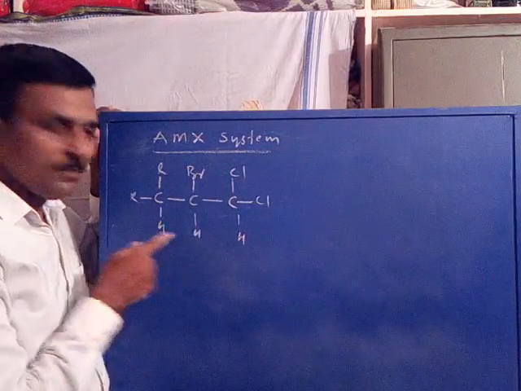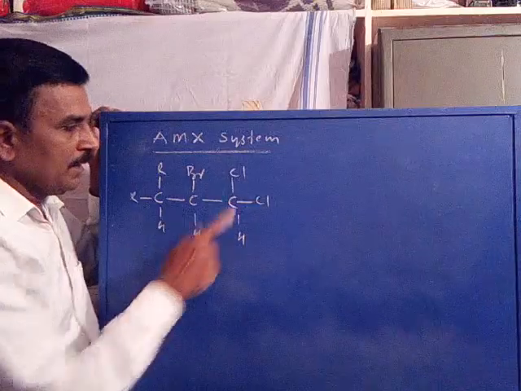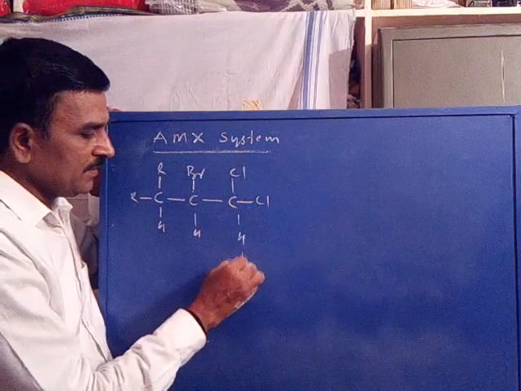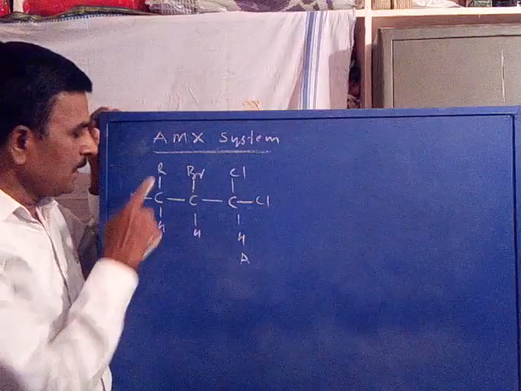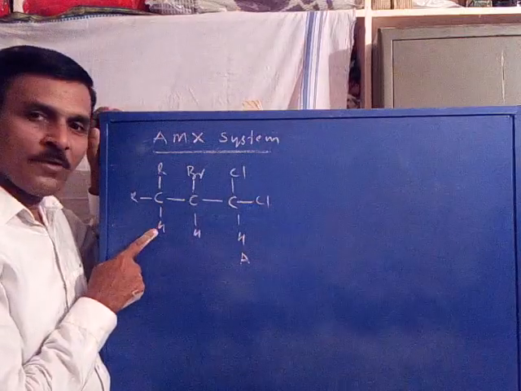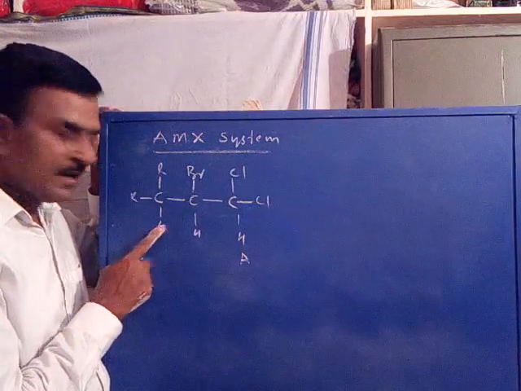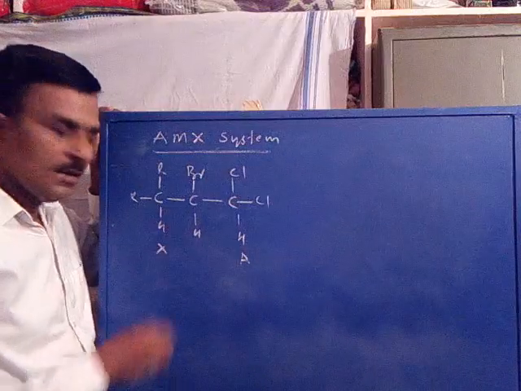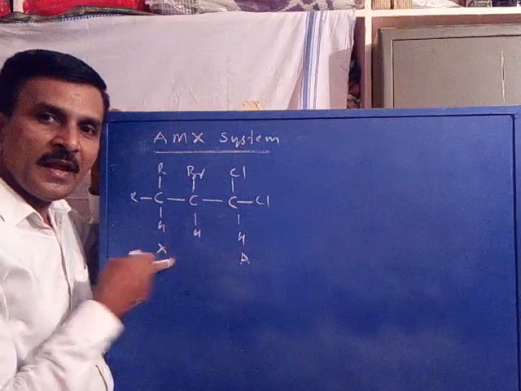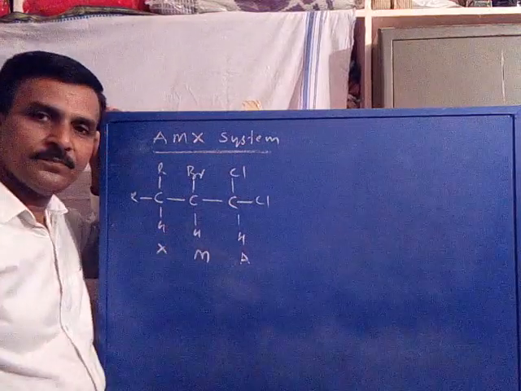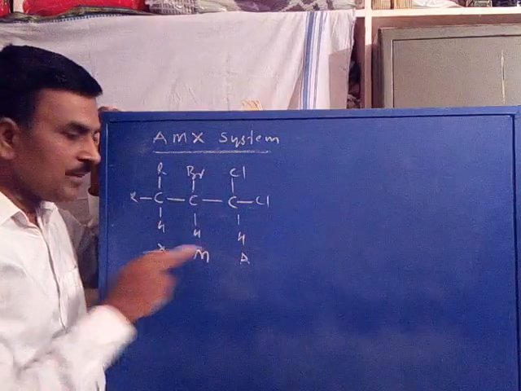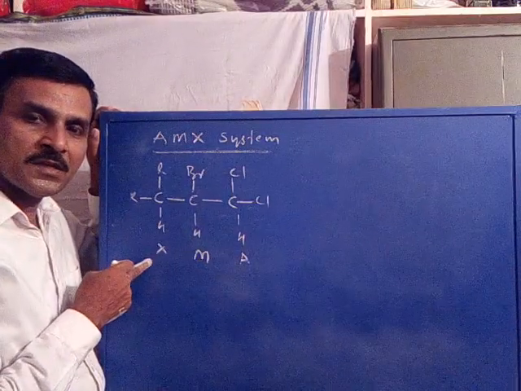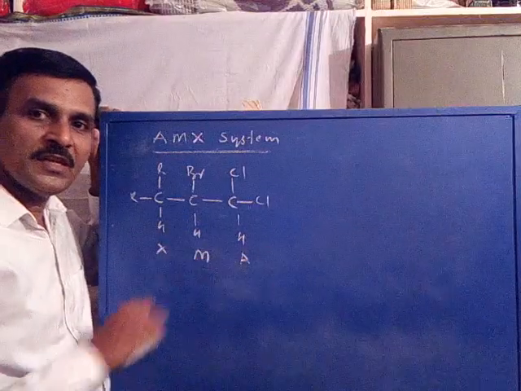So these 3 become non-equivalent. Because of chlorine, this has a higher delta value, that is A. Because of the alkyl group, this proton has a lower delta value, this is X. This proton is in between A and X, therefore it is M. So the A proton, M proton, X proton, with 1 hydrogen in each, are non-equivalent and coupled with each other.